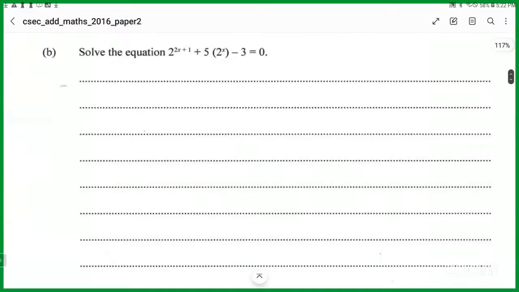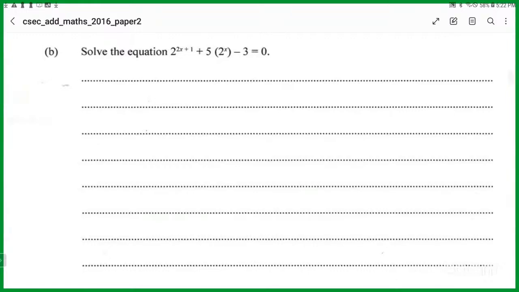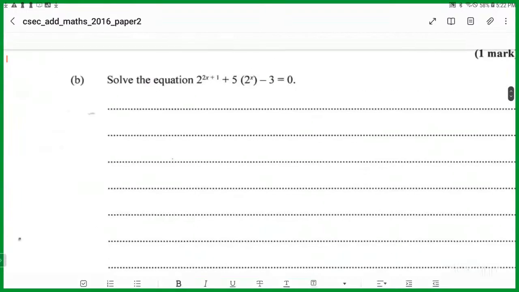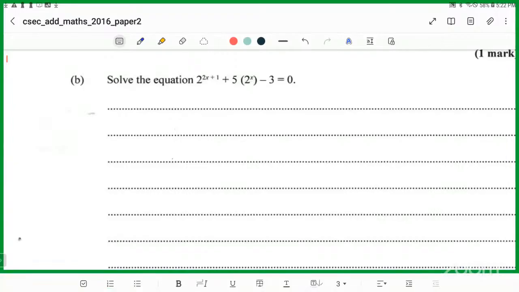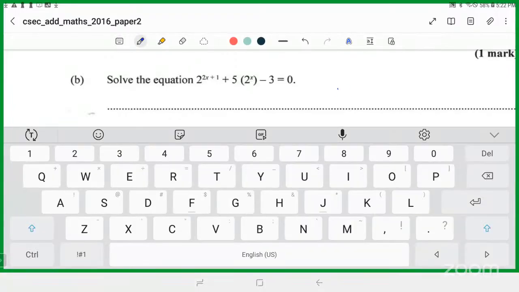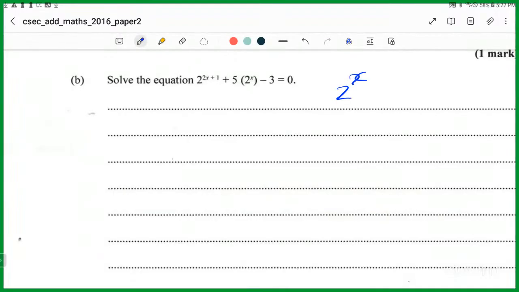All right, now this is what we call a disguised quadratic equation, on the indices topic, logs and indices. This can become a quadratic in 2 to the x. So really what I want to do is break this one up.